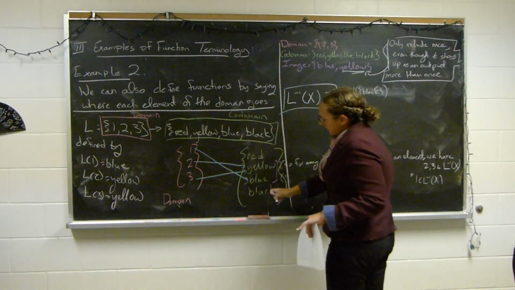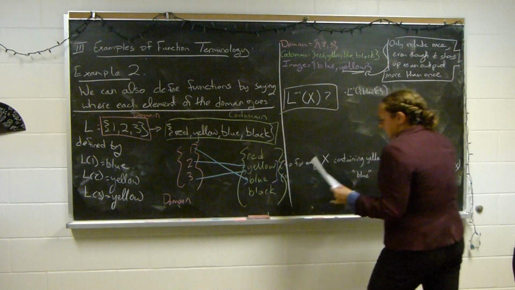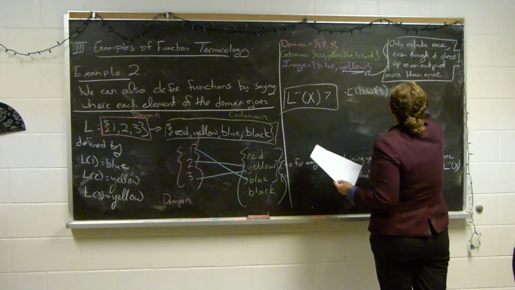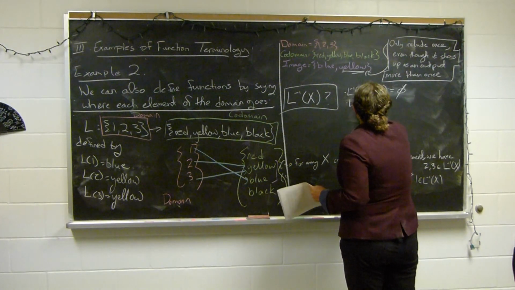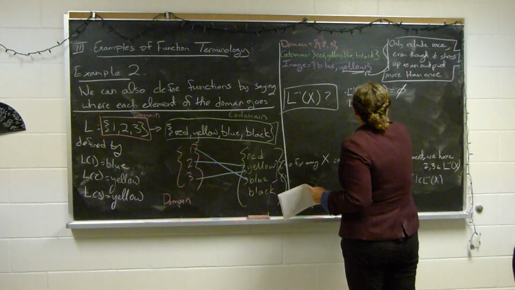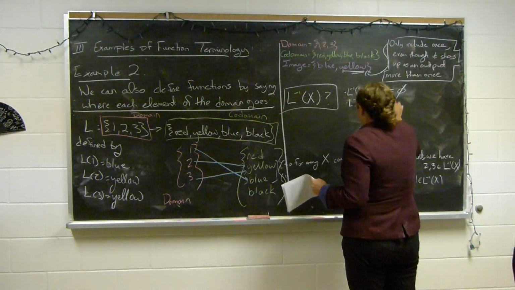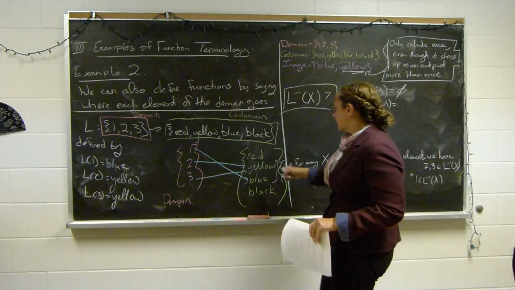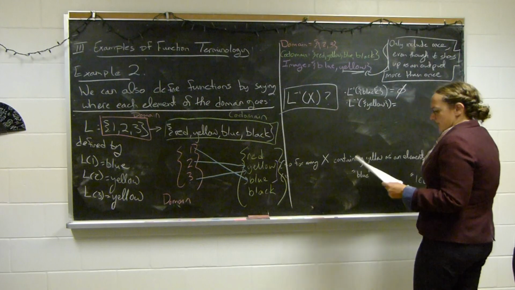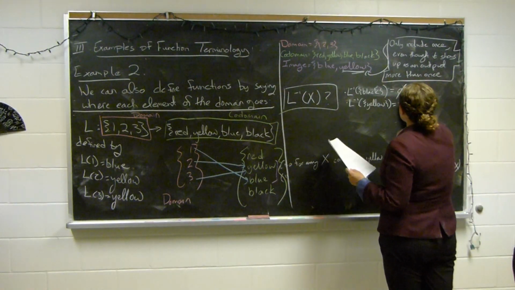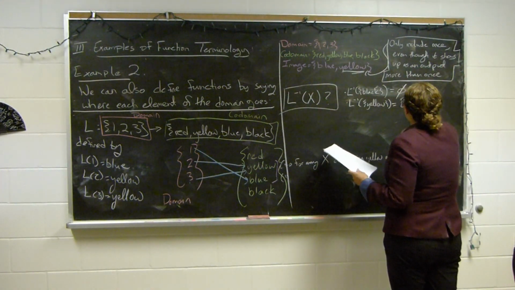I look here, nothing maps to black, and so I get the empty set. And then if I want to take L inverse of the set just containing yellow, I can look, well, what gets mapped to yellow? Just 2 and 3. And we kind of got that from there also. So this is just 2 and 3.